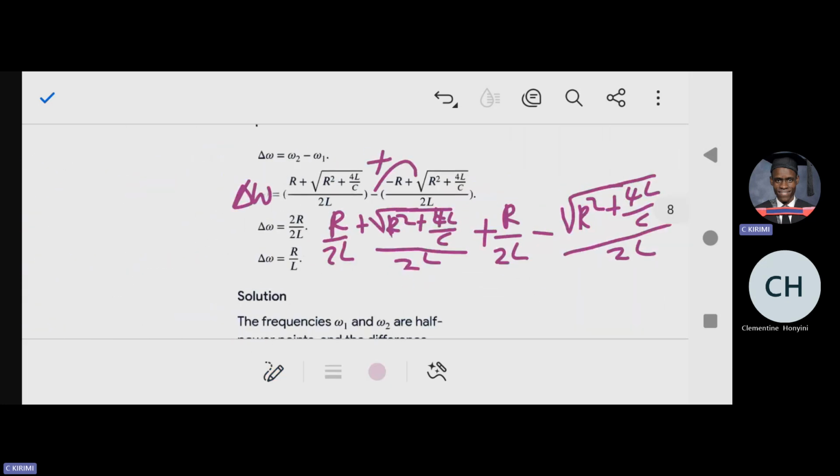So from here, you are going to see that if you are to solve this, these two will cancel out because of the negative and the positive. That's why they are phasing out.